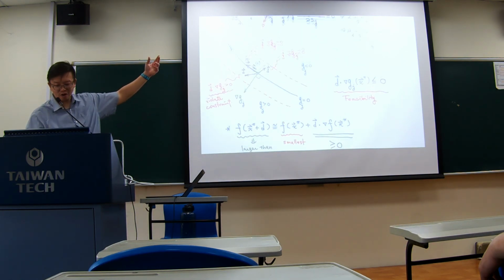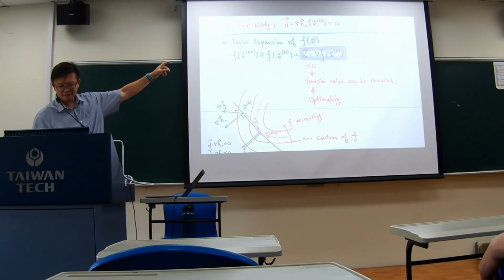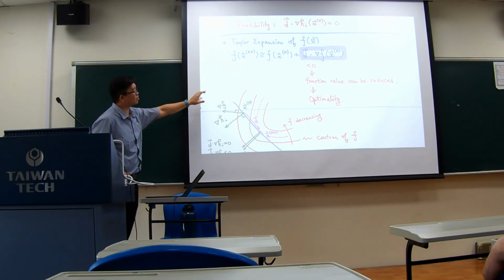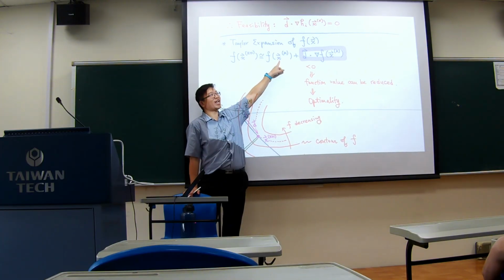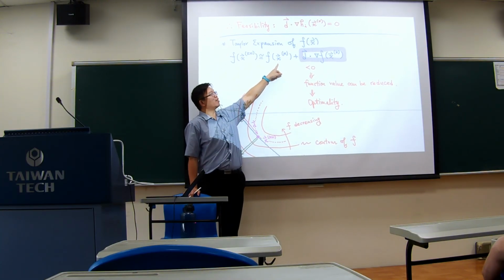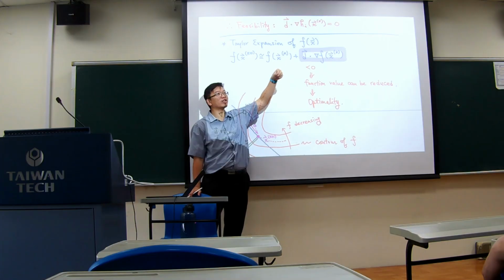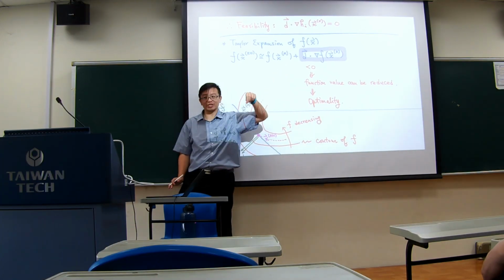So earlier when we talked about this, it was a discussion where we are still not at the optimal. So if we keep on doing this, we will keep on finding the smallest point.